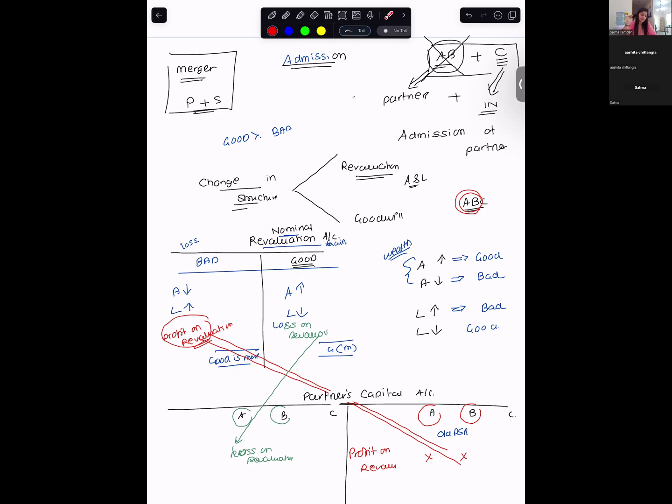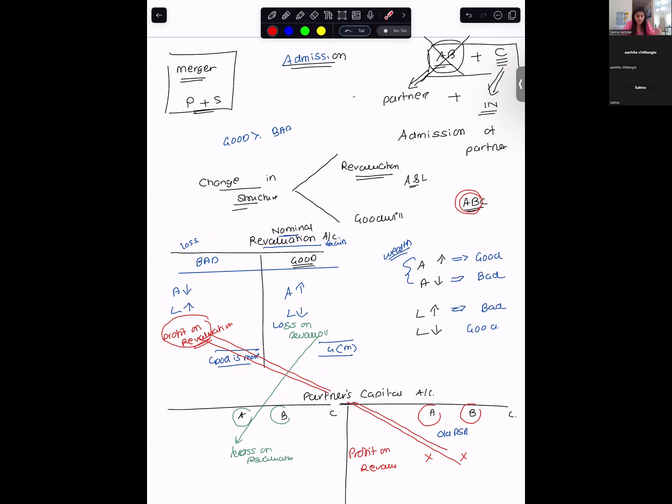Sometimes in the question, they do not ask you to make a revaluation account. They tell you there is a merger of a partnership with a sole trader and to prepare the partners capital account. Now, I know if there is a merger of a partnership with a sole trader, the assets and liabilities have to be revalued.